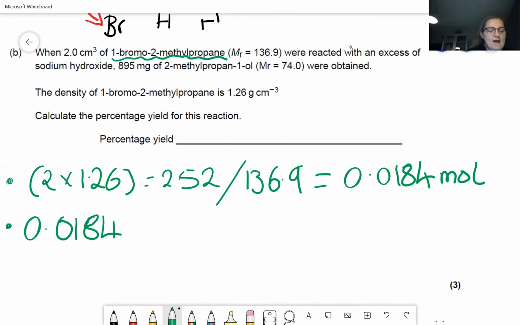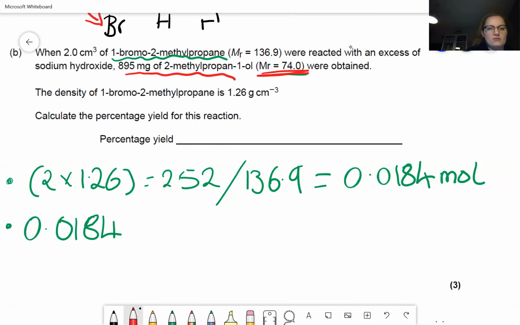So we're going to work out the mass of our 2-methyl propan 1-ol that we're going to expect to get. So we're going to multiply our moles here by our Mr for 2-methyl propan 1-ol. So actually I'm going to highlight that in red so we know we're talking about that one now.